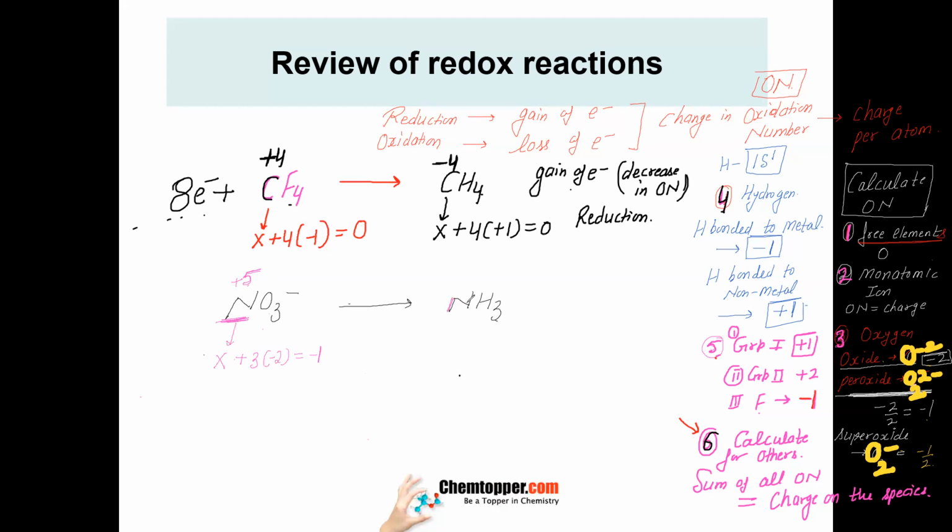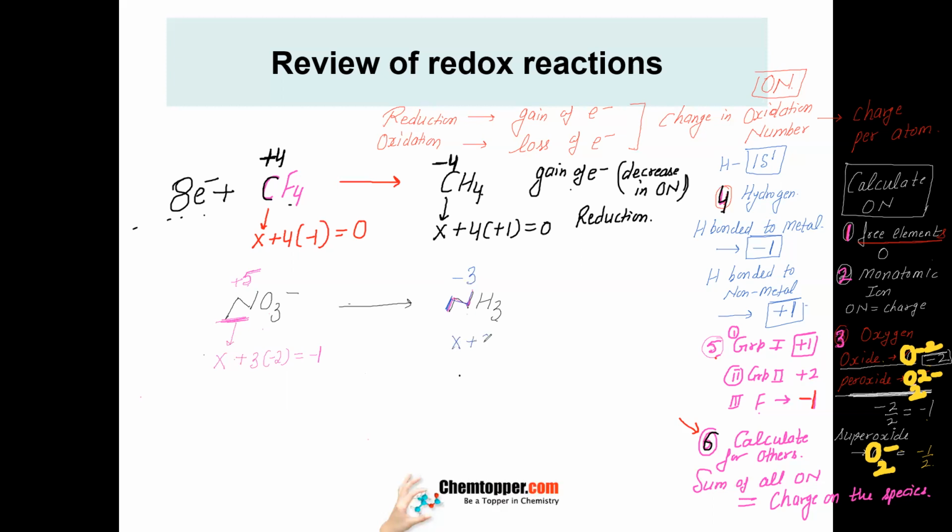What about nitrogen here? Check here, nitrogen. Sanjana is saying minus 3, Saranya is saying minus 3, Dhruv is saying minus 3. Let's check.